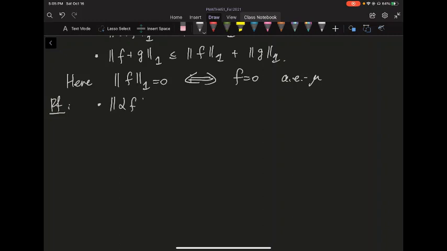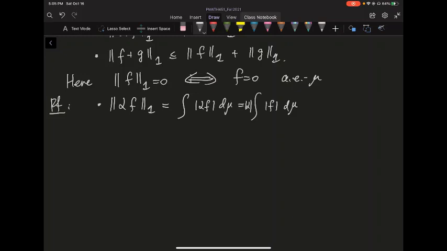If you do the one norm of alpha f, that's by definition the integral of the absolute value of alpha f d mu. And you can pull out the absolute value of alpha, because everything here is the integral of a non-negative function. We didn't really show yet that the integral of an integrable function is linear.